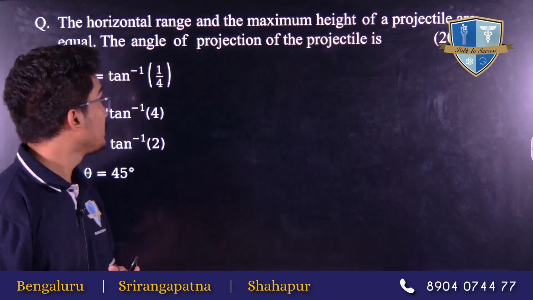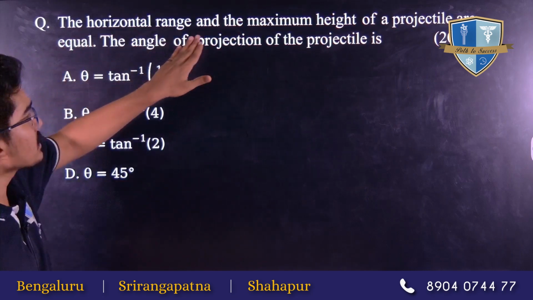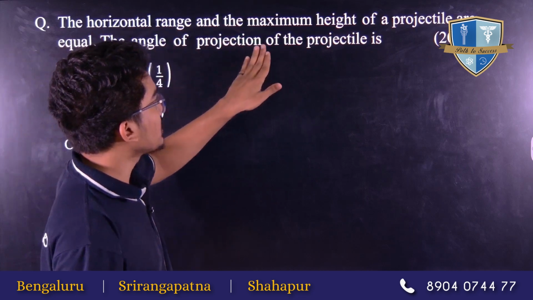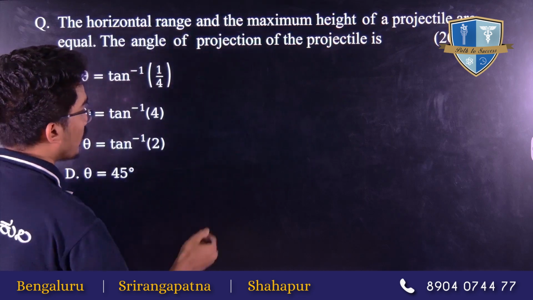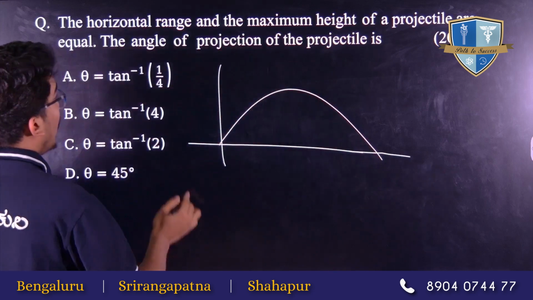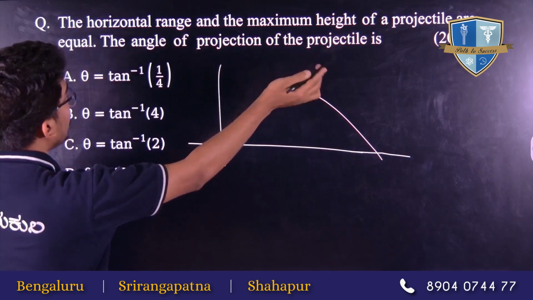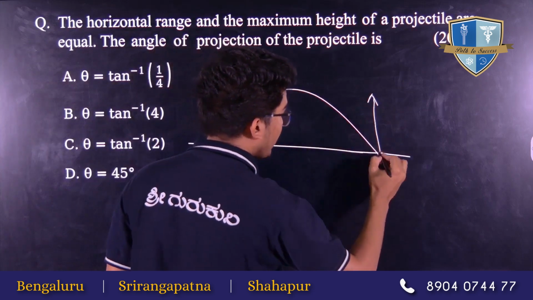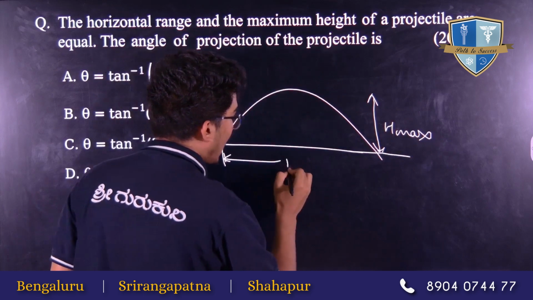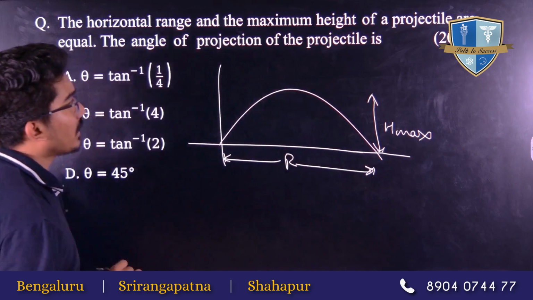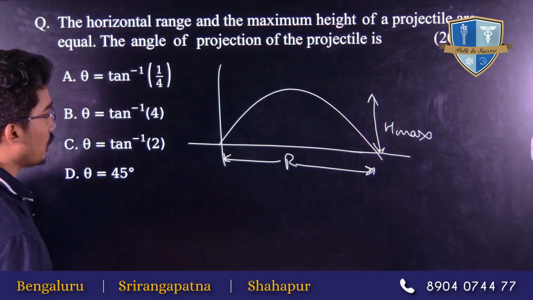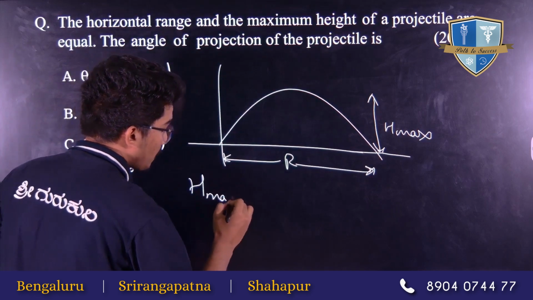Now let's see another question. The horizontal range and the maximum height of the projectile are equal. The angle of projection of the projectile is. Now what are they telling? There is a projectile, correct? And the horizontal range and maximum height of the projectile are equal, meaning h max is equal to r.